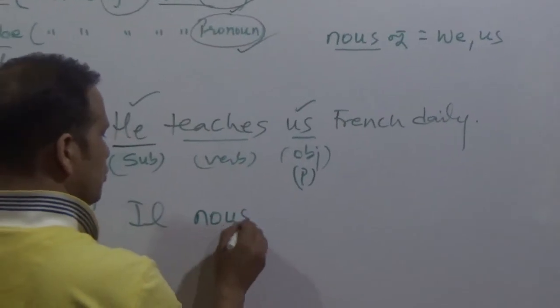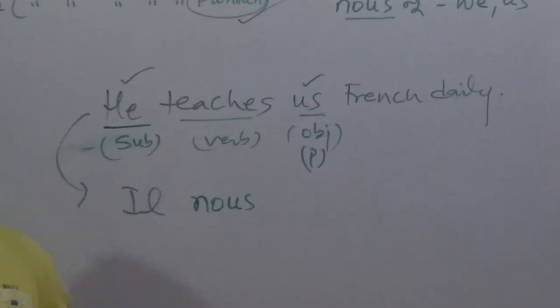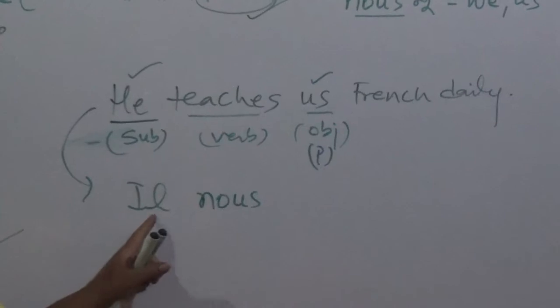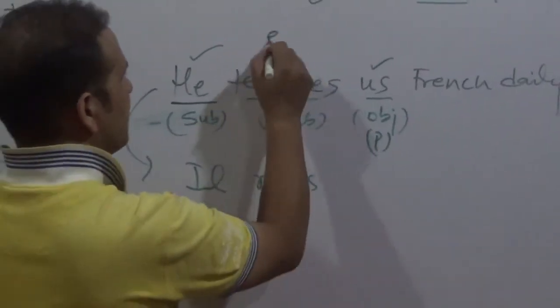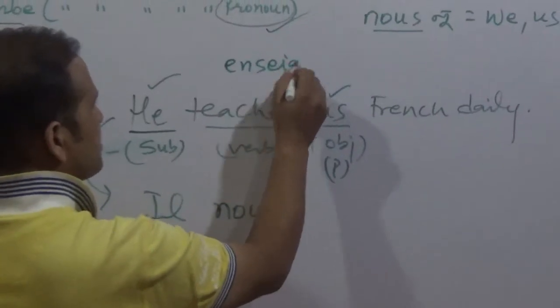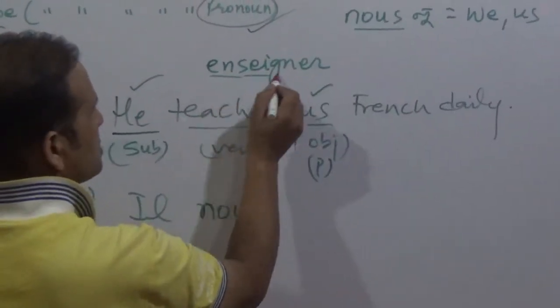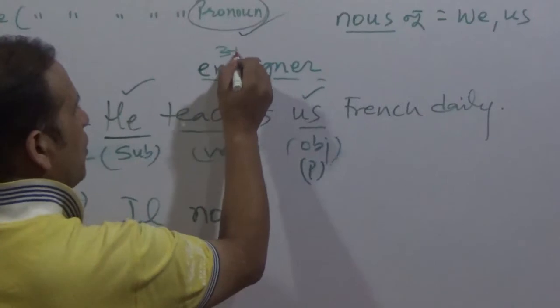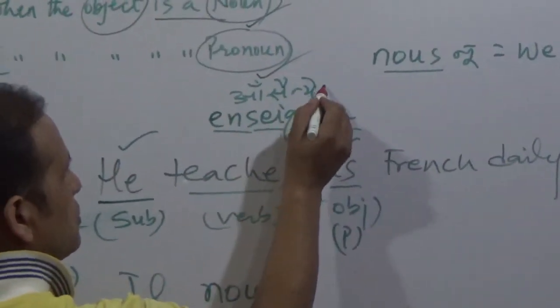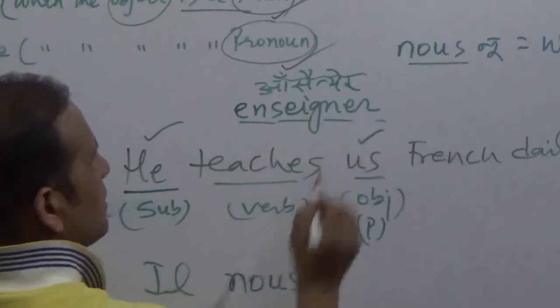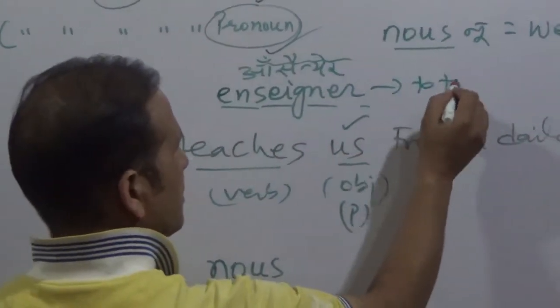So this is, Il, nous. So we have used subject, then object, then comes the verb. That is teach. For this, in French, we say enseigner. That means to teach.